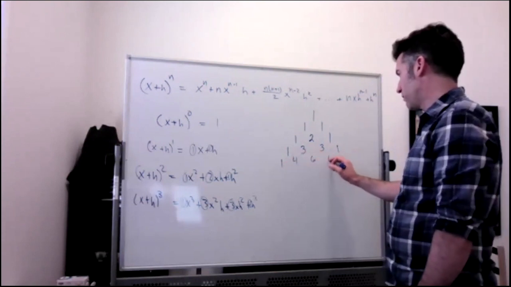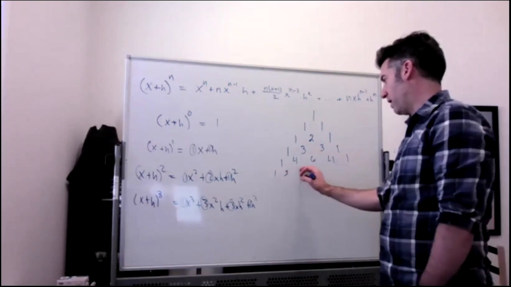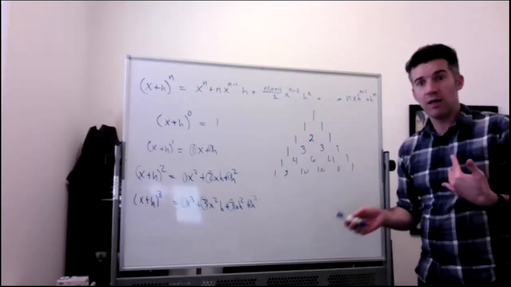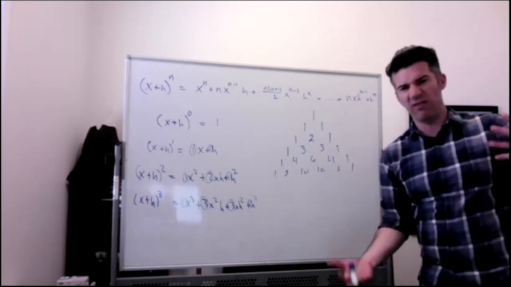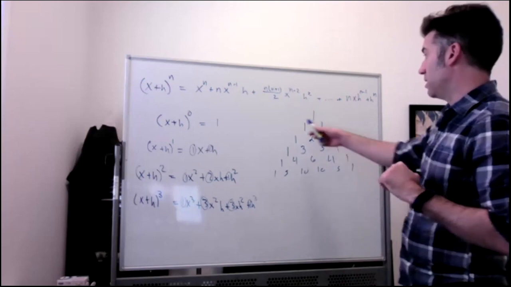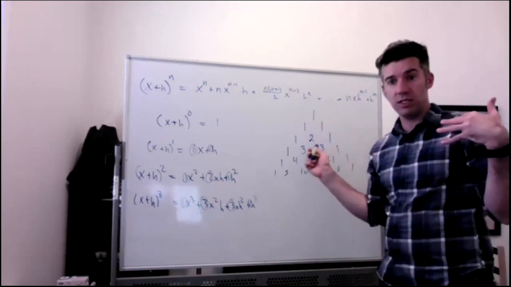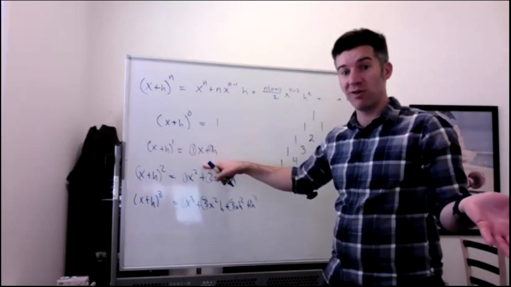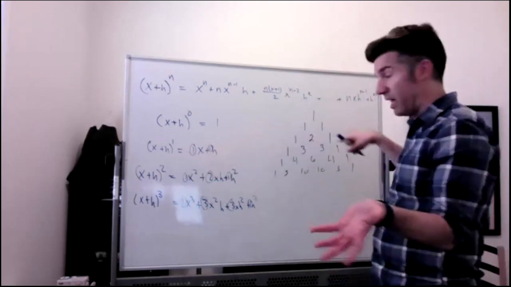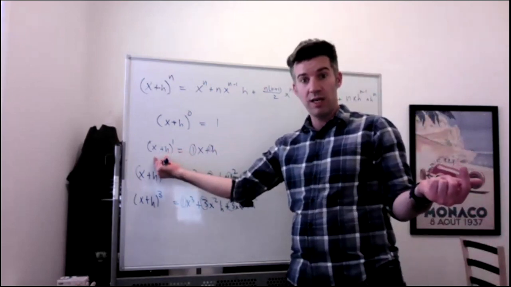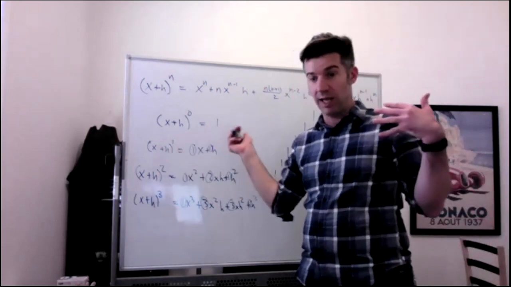4, 6, 4, 1, 1, 5, 10, 10, 5, 1. And what's interesting, well, one of the things, there's actually a lot of interesting things about Pascal's triangle. But one of the interesting things is that each row of digits corresponds to the coefficients in this binomial expansion. So these are called the binomial coefficients, and they come from taking this thing that's 2 terms to a power and multiplying it out.